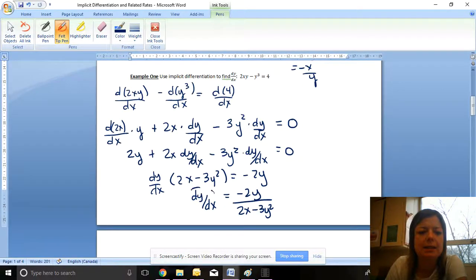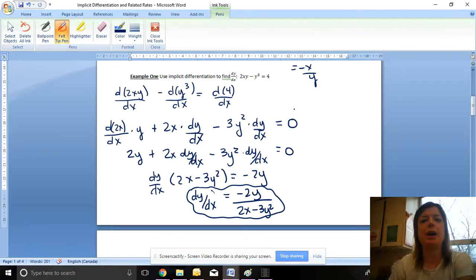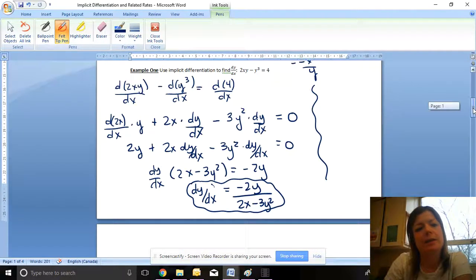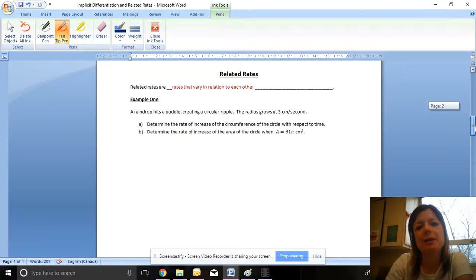And this is the implicit differentiation. Okay, now there is a way to do this with prime notation. So if you want to see that tomorrow, let me know. I can show it to you using y prime instead of dy dx. Okay, so that's implicit differentiation.